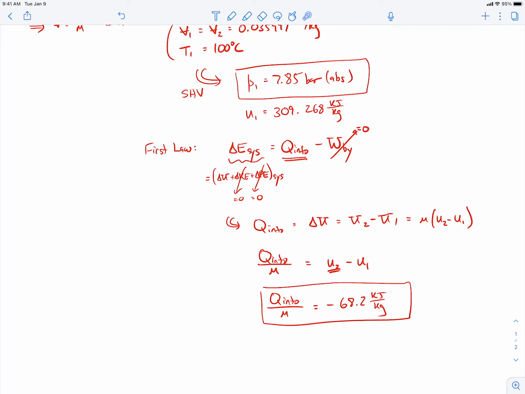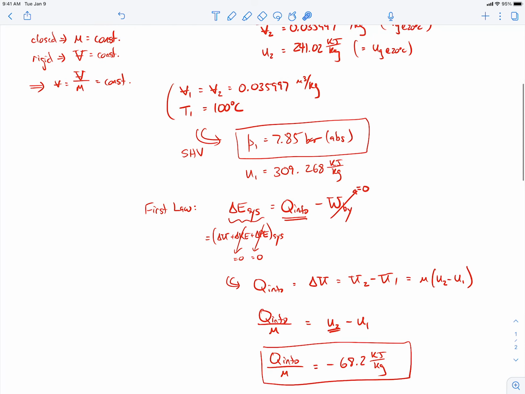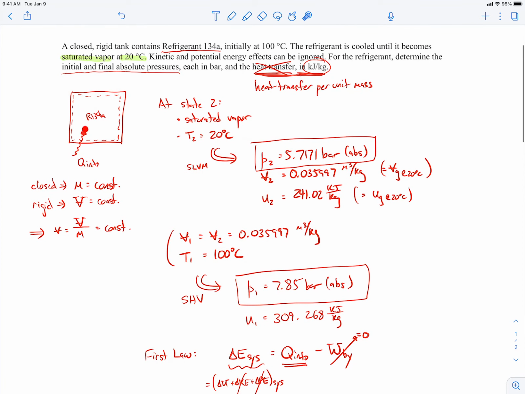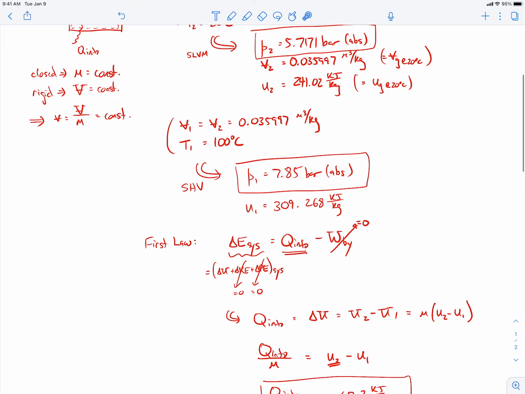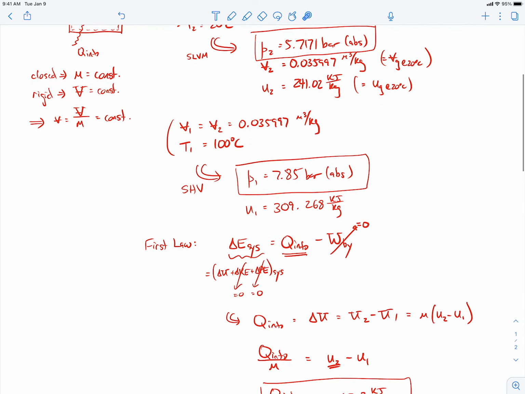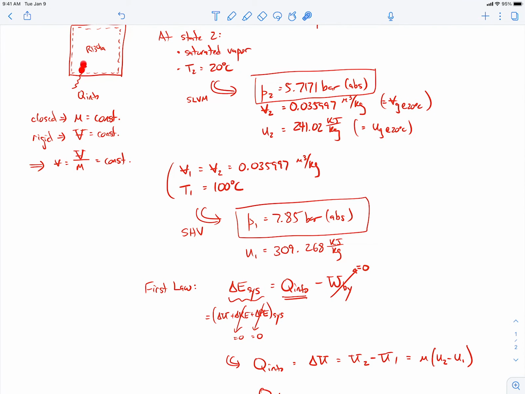And since it's negative, what it means is that the heat, instead of going into the system, is actually coming out. That is consistent with the fact that it says it's being cooled. So we're removing energy from that system. It's fine that we have the negative here. Since we originally showed it was going in, it just means it's actually coming out.